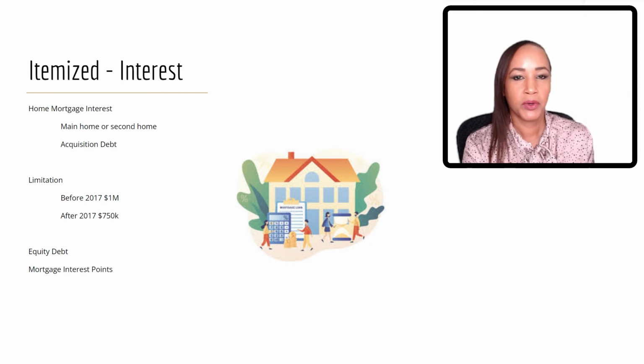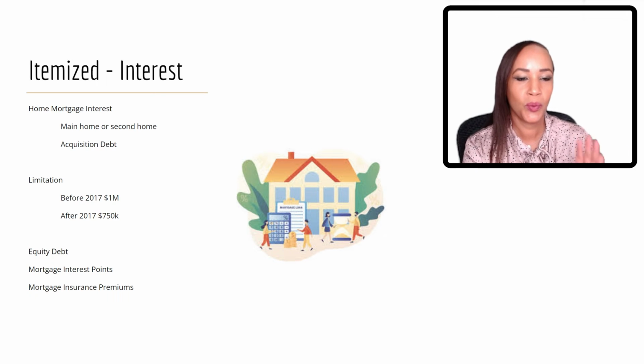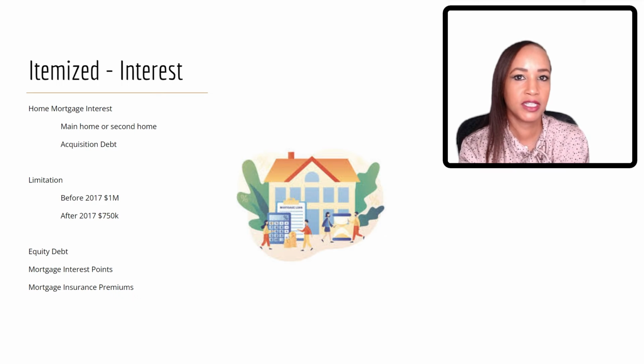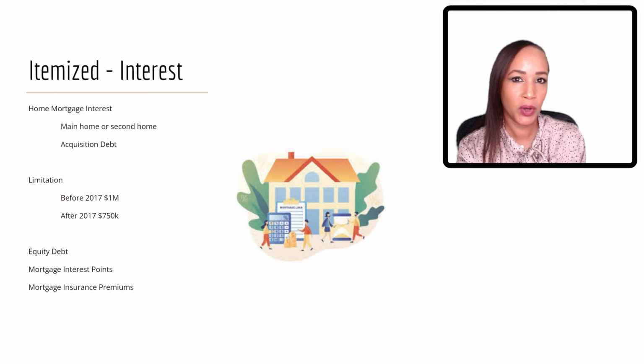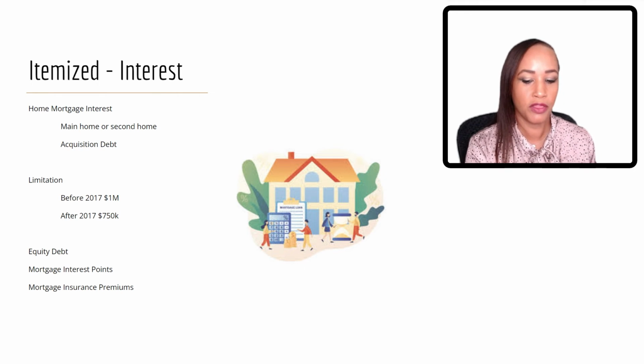So you also get mortgage interest points under the interest area and mortgage insurance premiums. Now, if you have points and premiums, you likely know what those things are, but the mortgage insurance premium, so if you paid less than 20% of a down payment for the home, you may actually have mortgage insurance premiums that you're paying, so check for that, and you want to be able to deduct those.